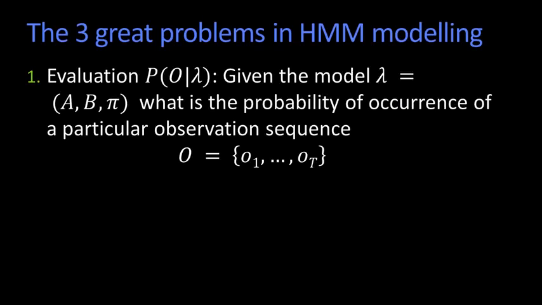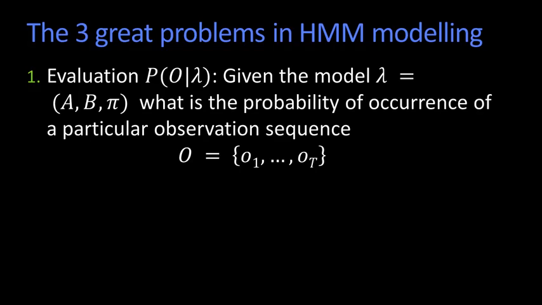All right, so we have a hidden Markov model, and we said that our hidden Markov model lambda is a triplet of A, B, and pi, where A is the transition probability, B are the emission probabilities, and pi was just the distribution of where things started. Given an HMM, there are three computational problems we can look at.